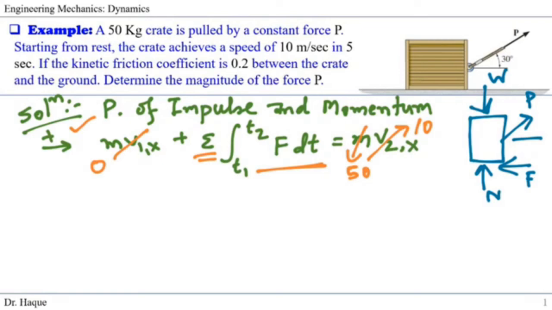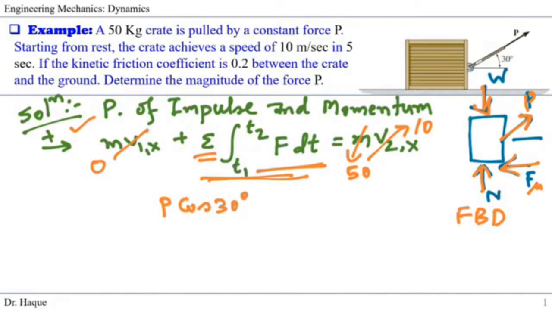On our free body diagram, we have the force P, weight acting downward, normal acting upward, and the kinetic friction force acting to the left. So we have four forces to consider, but in the x direction there is no weight or normal force, so we have only P and the friction force. The x component of P is P cos 30 degrees, multiplied by dt. What is the total time? 5 seconds, so multiplied by 5.